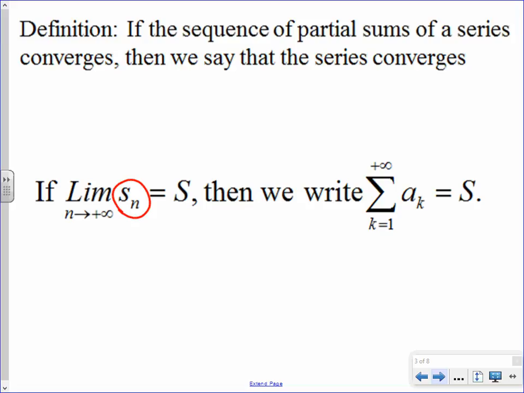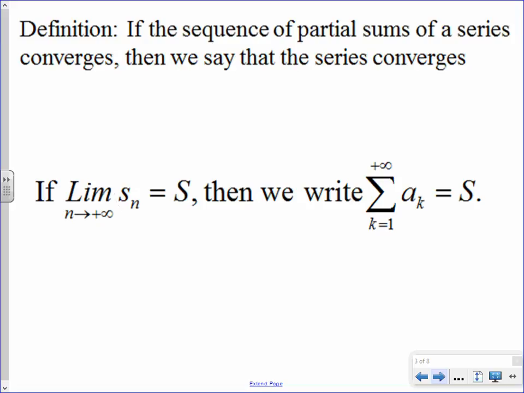If we can write our sum as a function and calculate its limit, then we know what our infinite sum adds up to be. I will tell you that this is not going to happen very often.